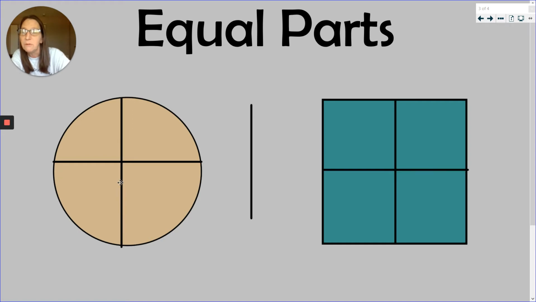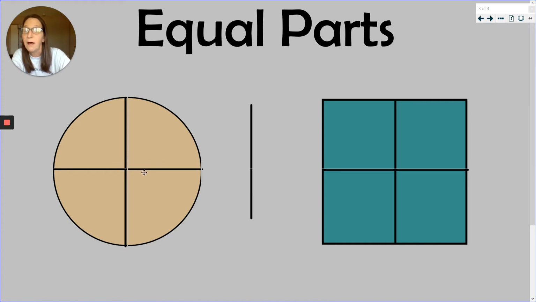Is this one equal? I don't think that's equal. Ah, there we go. See how I had to make sure that my line was not too high, not too short? Is this the same as that? Yeah. Is this the same as that? Yes. So now I can share my cookie with my brother and me and 2 of our friends, and we all will have equal parts.